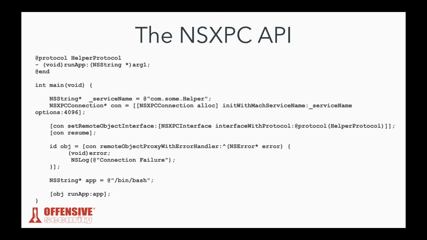Now there is the NSXPC API, which is part of the Cocoa framework. It uses the C API underneath, but it allows another layer of abstraction. We can define a protocol, which is an Objective-C concept.